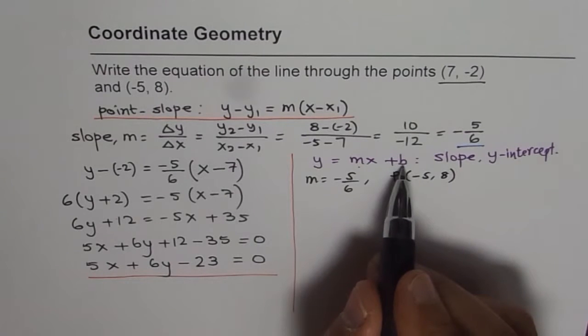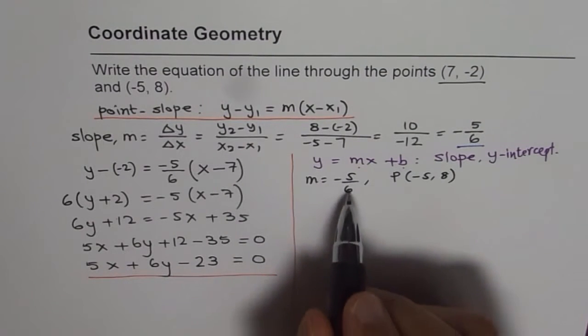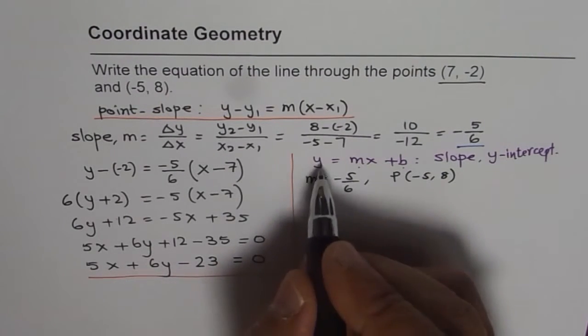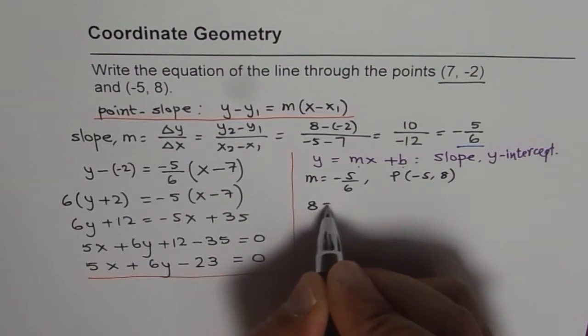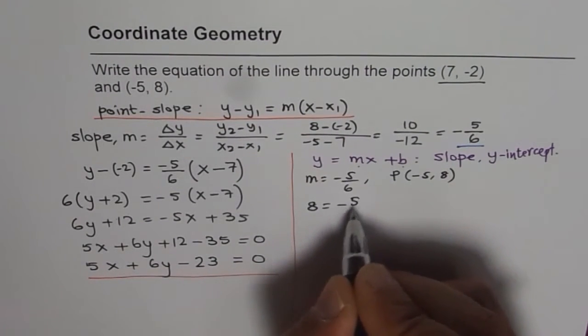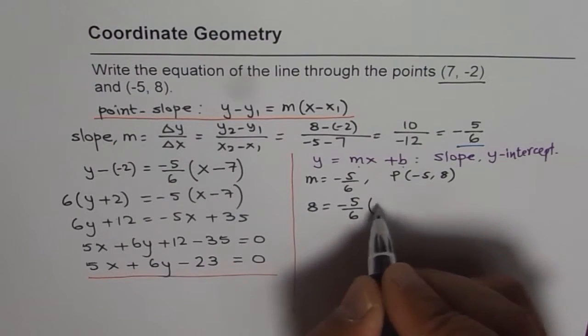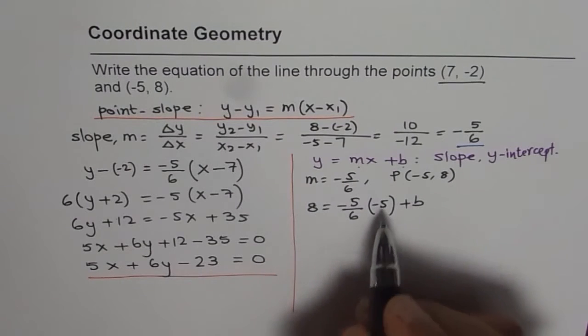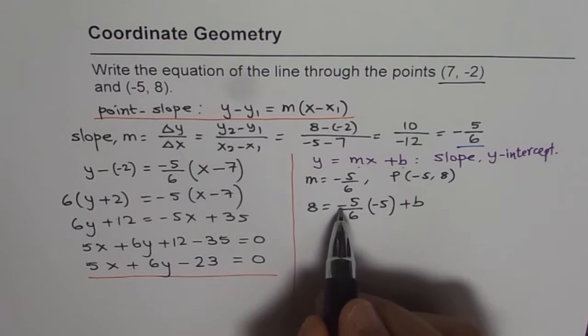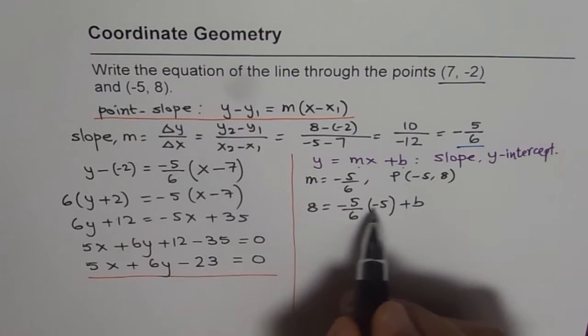To find the y-intercept b, let's substitute these values in the equation. So y is 8, so 8 equals slope of minus 5 over 6, x value is minus 5, plus b, right?